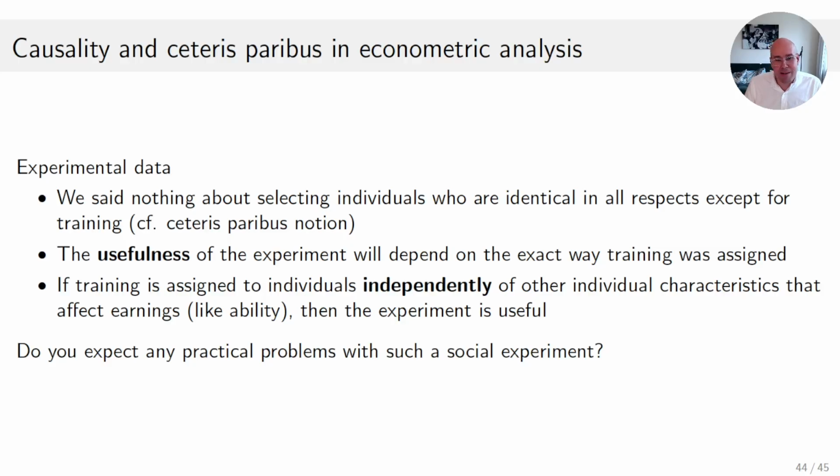So when we can randomize, then we can simply afterwards look at those who have been randomly assigned to the training condition and compare their earnings to the ones from individuals who have been randomly assigned to the control condition. And this is really resembling a so-called RCT, a randomized controlled trial that we know from medicine, right?